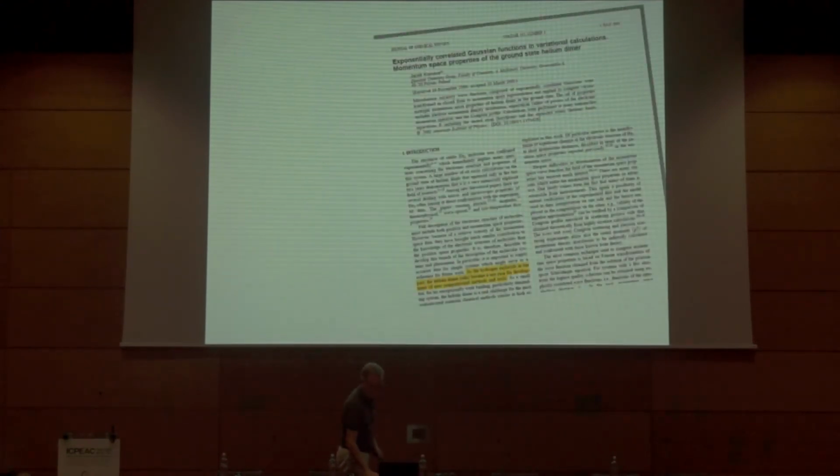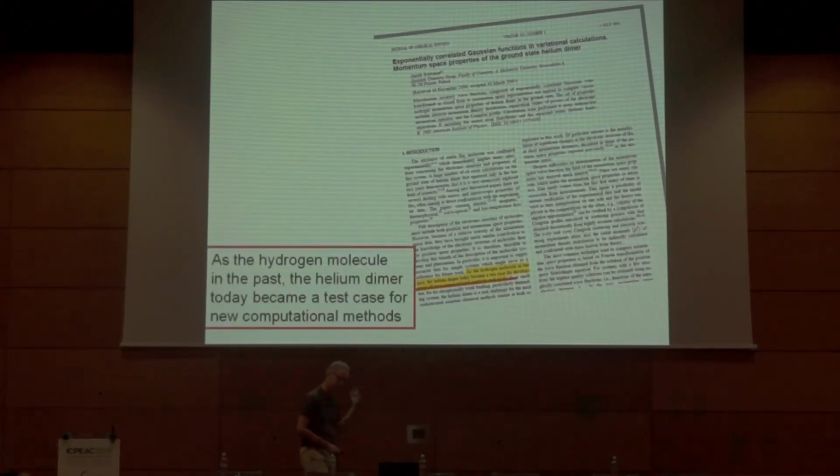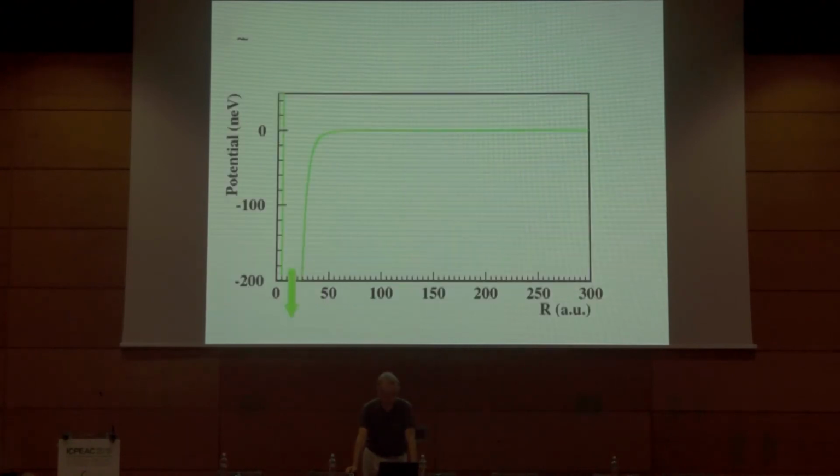And that's quite a challenge. Here's a paper from 2001 where they claim that this, for quantum chemistry, is really a benchmark. And that was 2001, and it's still true today. I've now shown you the same potential as before, the internuclear distance, and the 1 meV now is down in the basement here.